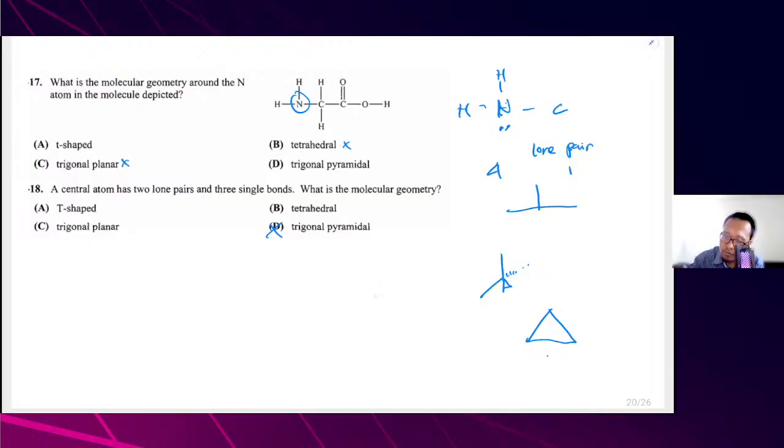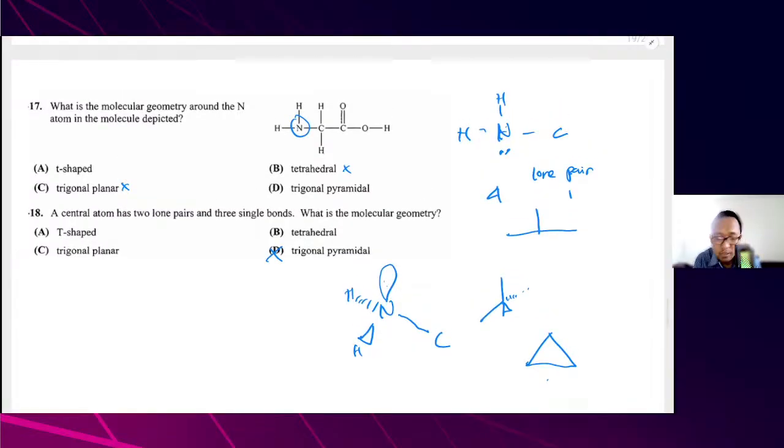So it will be kind of like this one, and this one, and this one. This is H. This is H. And another one, it will be C. And then over here is the lone pair.